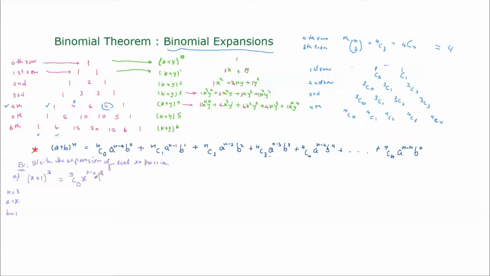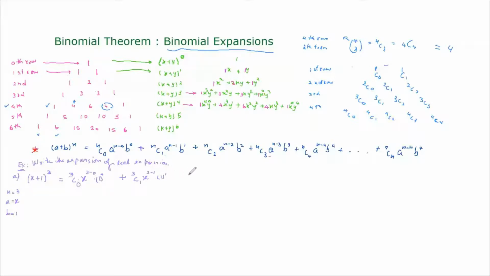After this, plus nC1, n is 3, so 3C1. a is x power 3 minus 1. b is 1, so you have 1 power 1.